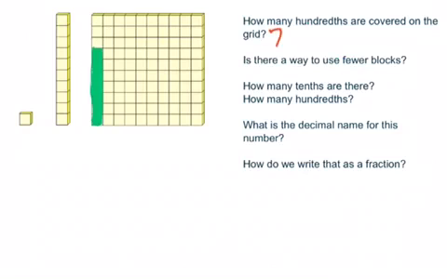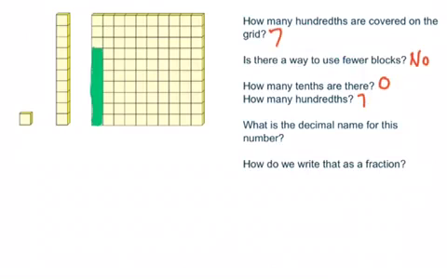Is there a way to use fewer blocks? No, because I don't have enough to make a tenth, so I can't exchange those for anything yet, right? I can't trade them in. So how many tenths are there? Well, none, right? I don't have any longs being used. And how many hundredths? We said there's 7. So what's the decimal name for this number?